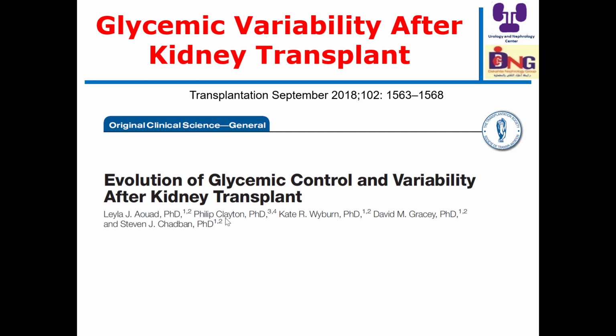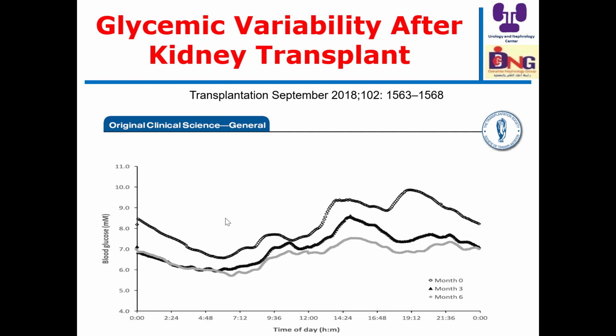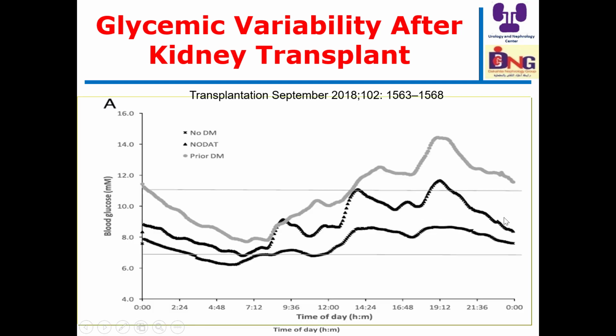And here, this is a very nice, smart study that shows variability of glycemic state after continuous plasma glucose monitoring at the time of transplantation, after 3 months and 6 months. What do you see? Variability is always there, and hyperglycemia is more manifest in the afternoon and during the night.